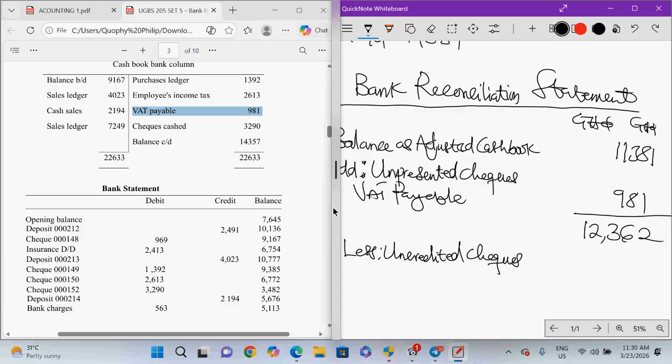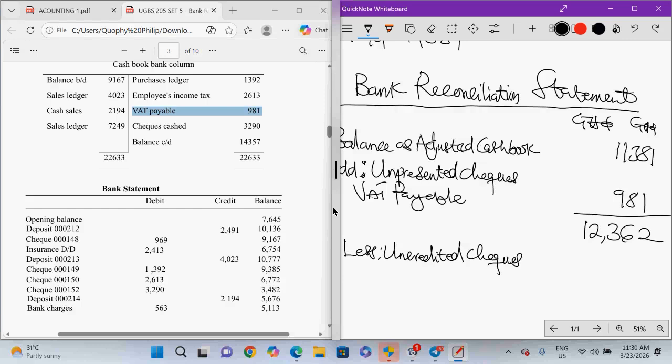Okay. So now, looking at the uncredited checks. What is the definition of uncredited checks? Checks that are received and deposited into the bank, but are yet to be credited in the bank statement. All right.